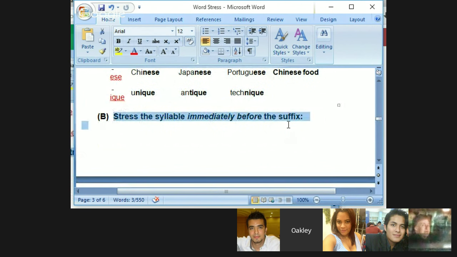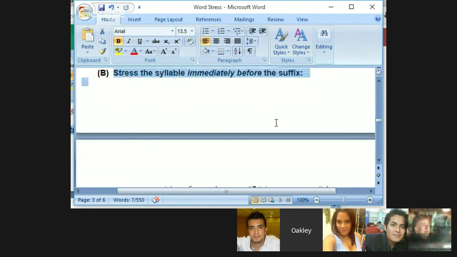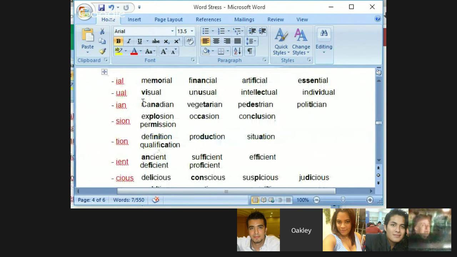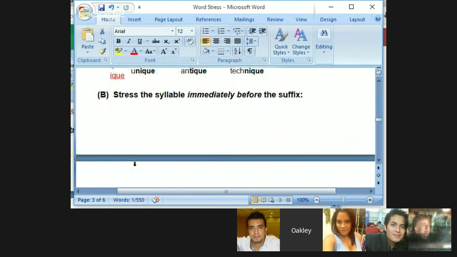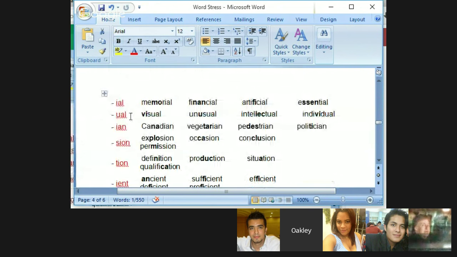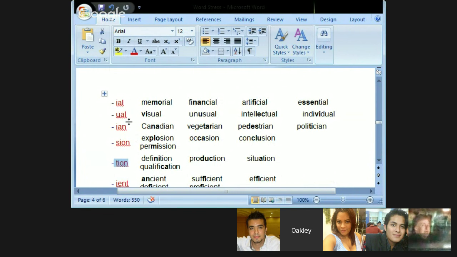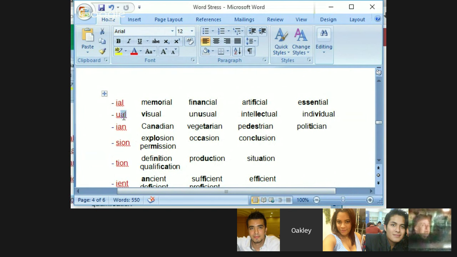Now it gets more complicated: stressing the syllable immediately before the suffix. One thing I have to say: unlike the ones we just looked at, which were easy because they're all one syllable (ear, ease, e, one vowel sound), some of these are one vowel sound, like shun, but some are not, like ual, like visual.